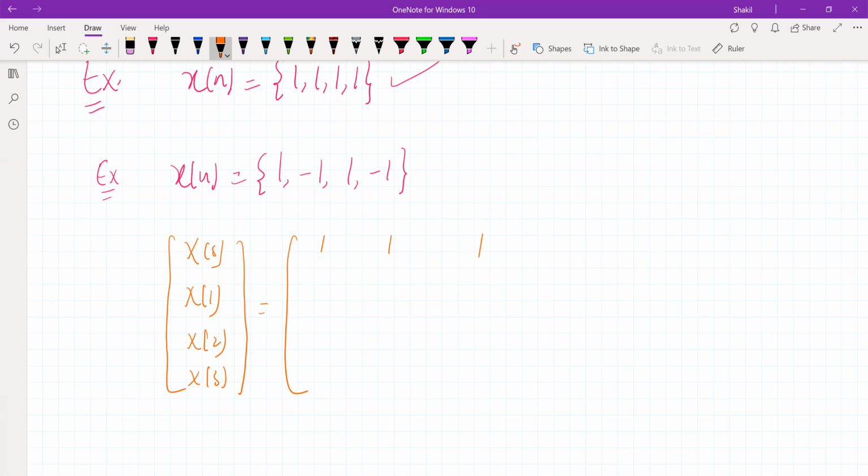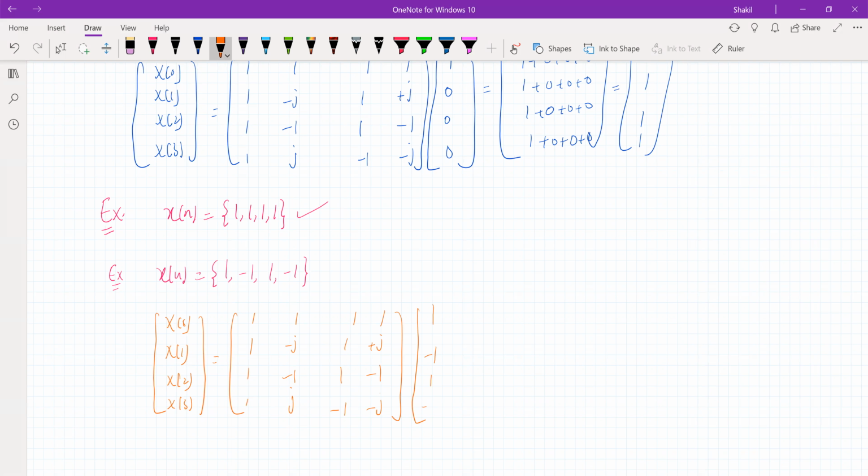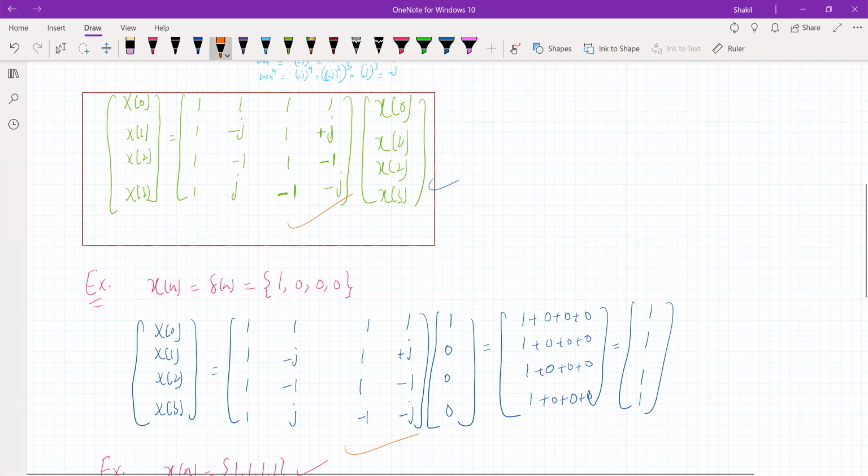So this is 1, 1, 1, and 1, 1, 1, minus j, 1 plus j. I hope I'm right. And here, this is minus 1, 1 and minus 1, j minus 1 and minus j. Then the values of x of n are 1, minus 1, 1.